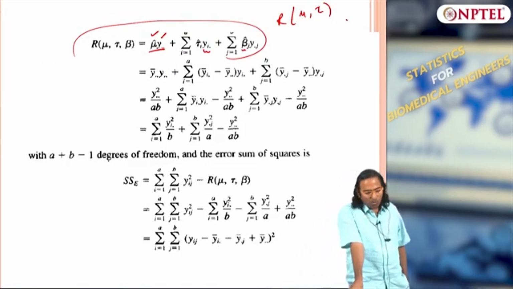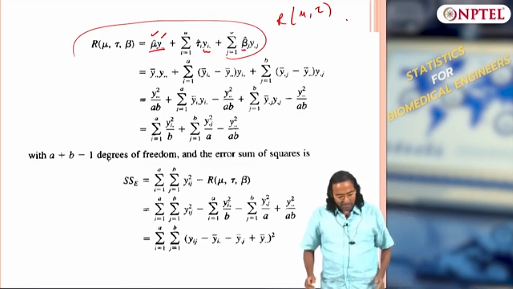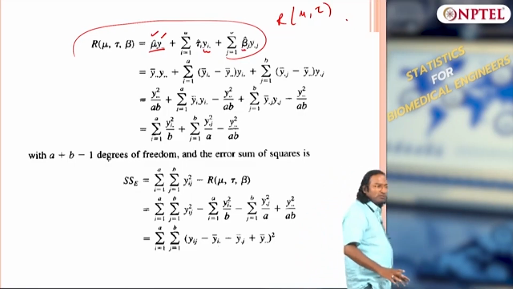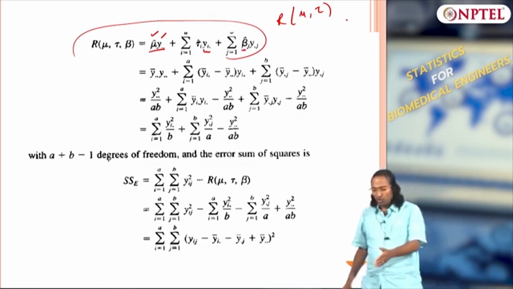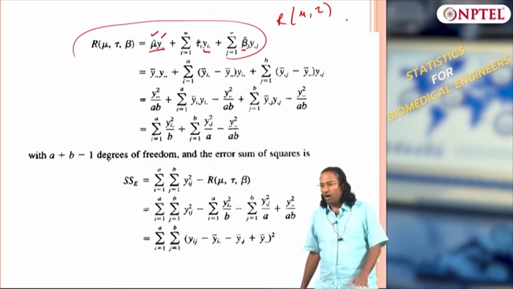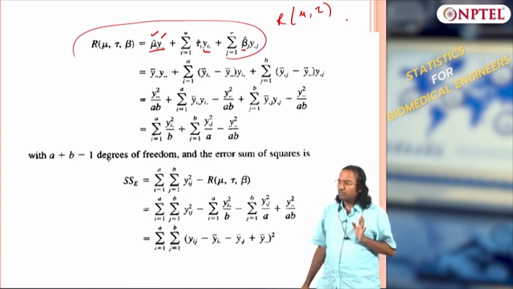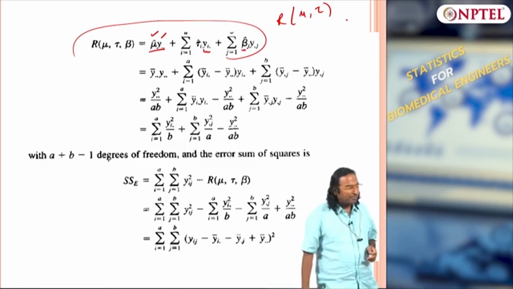So this gives the overall variability in the data explained by fitting the model. You can substitute your estimates and get the overall variability. The R value of this model is the overall variability in the data explained.